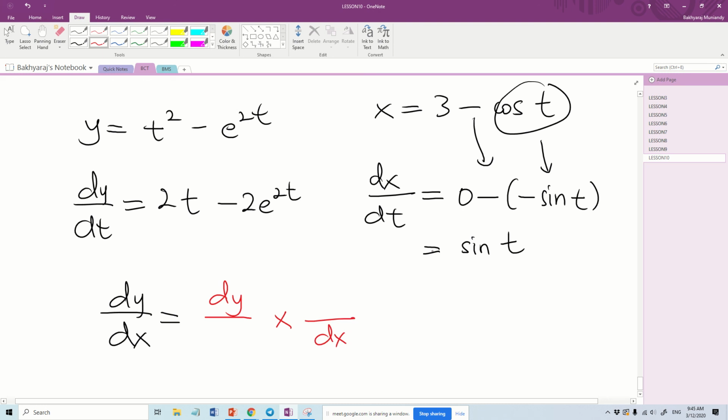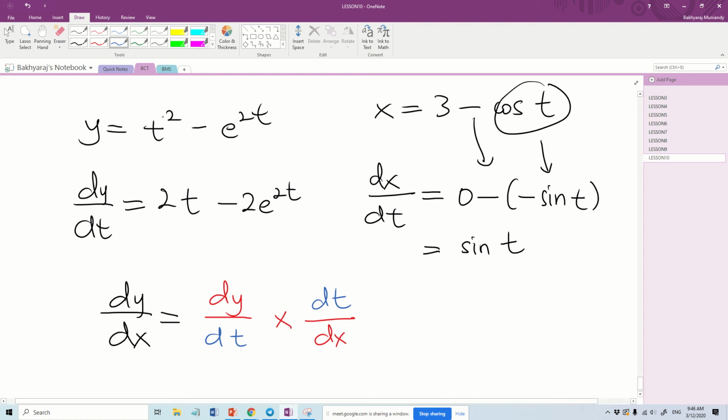The chain rule is what? dy goes on the numerator, dx as the denominator, and split the fraction. The remaining empty place is substituted by dt.